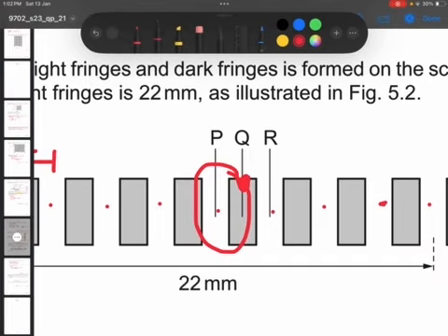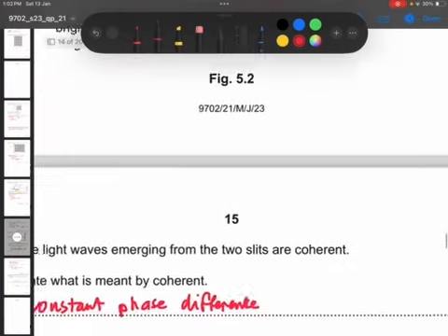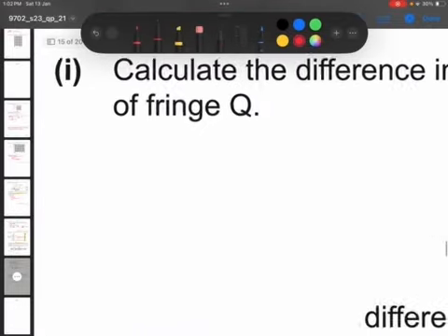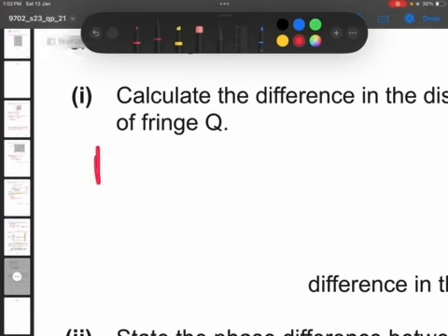We are looking for its path difference, so we need the formula of the path difference for destructive interference, starting with the first dark fringe.